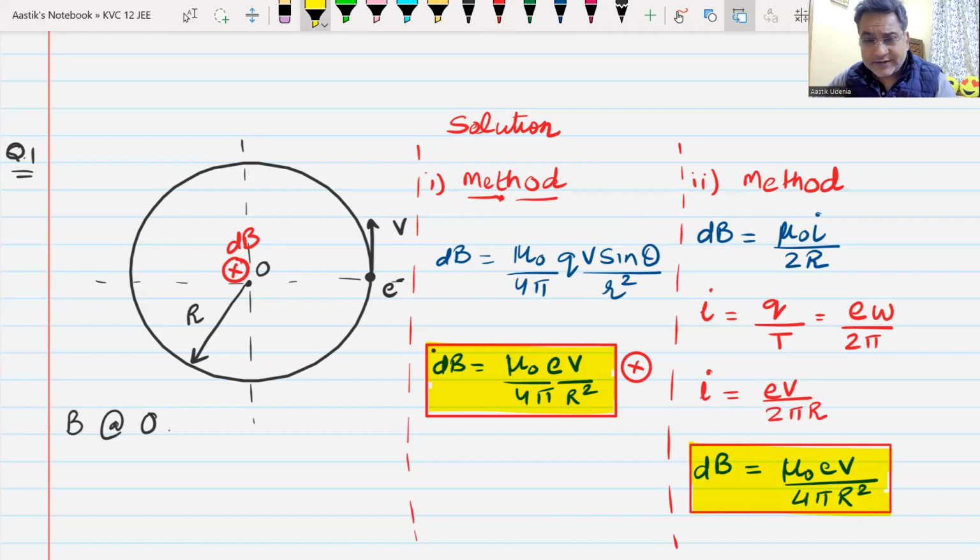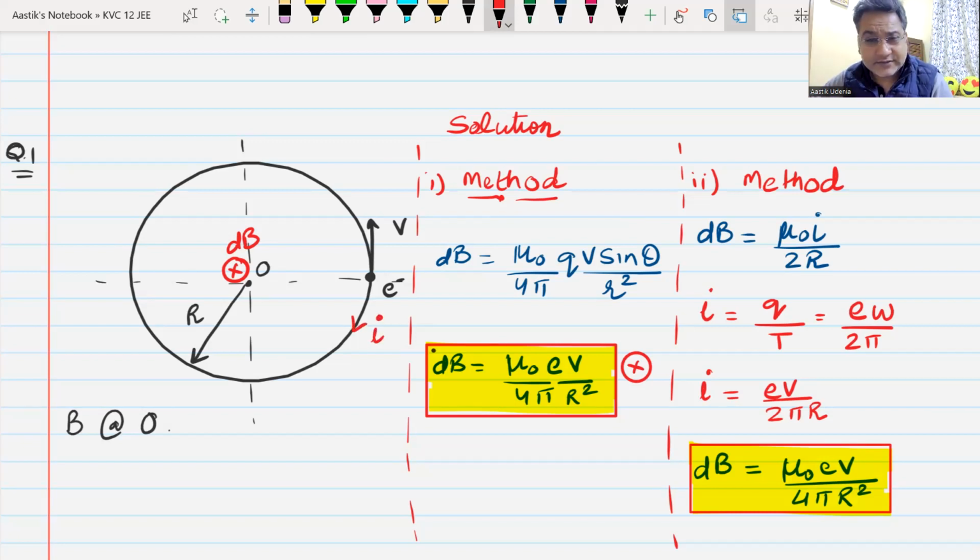Now, to find out the direction of magnetic field, I can find it out from the charge or I can find it out from current. If negative charge is moving like this, anti-clockwise, what is the direction of current? Well, the direction of current is opposite to the motion of electrons.